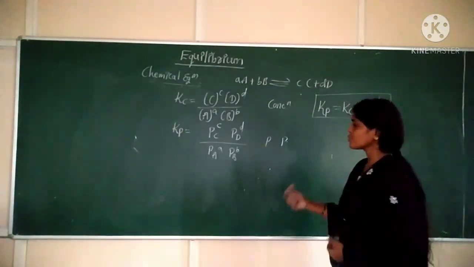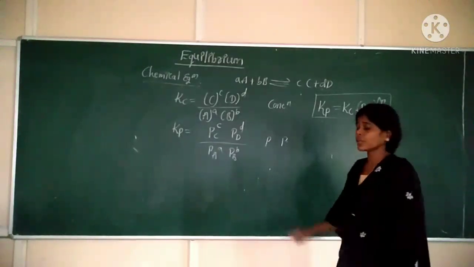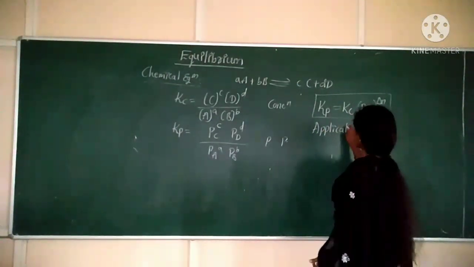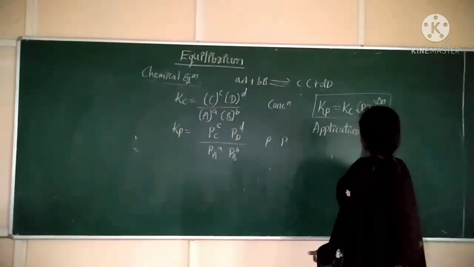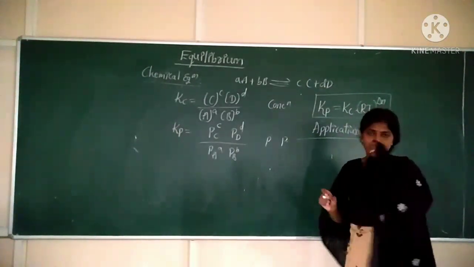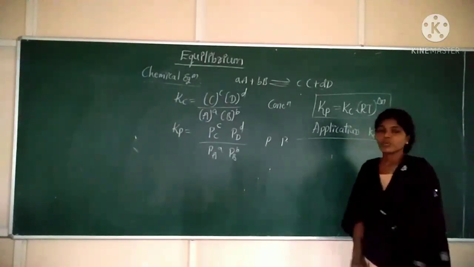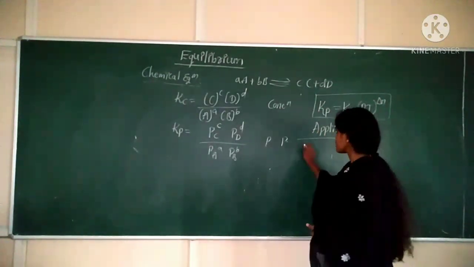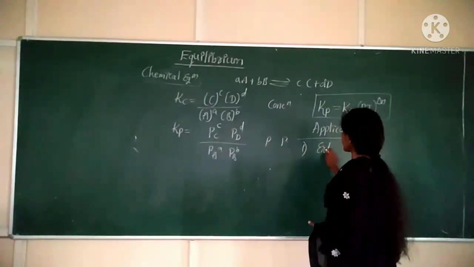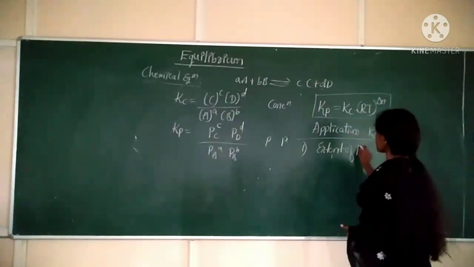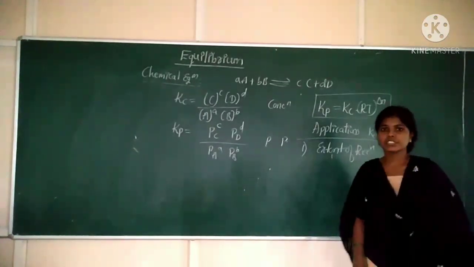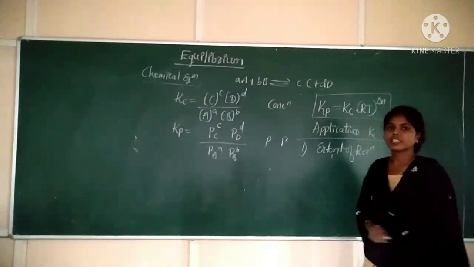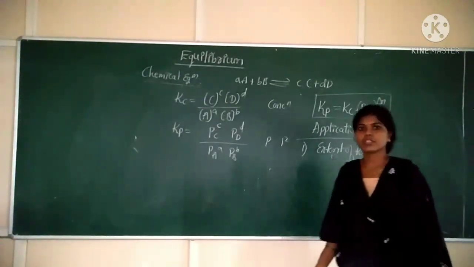Next, we also discussed the applications of the equilibrium constant Kc. What are the applications? The first one is that we can predict the extent of the reaction, whether it is undergoing completion or incompletion.